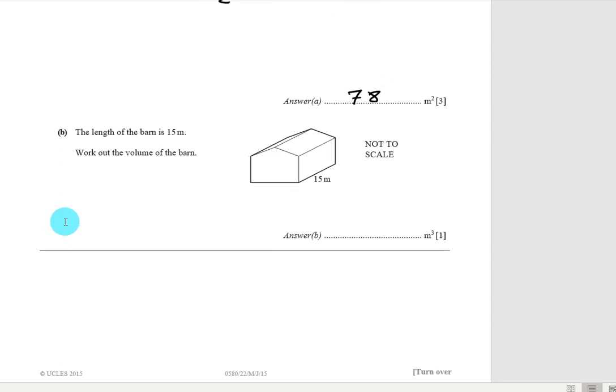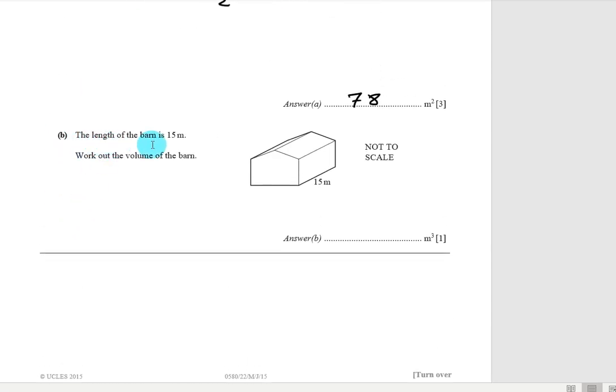Let us go ahead. The length of the barn is 15 meters. Work out the volume of the barn. Volume will equal area multiplied by length, so 78 multiplied by 15.